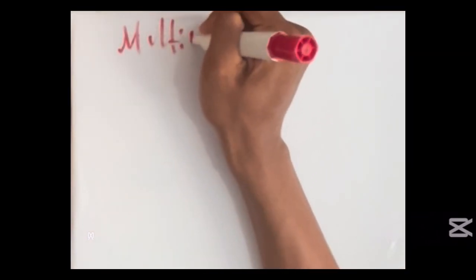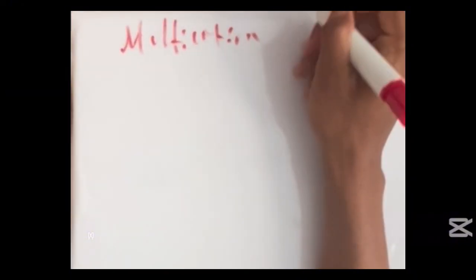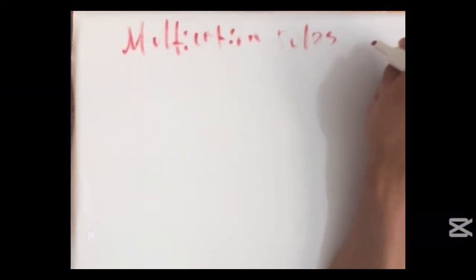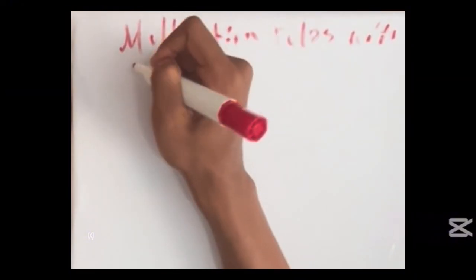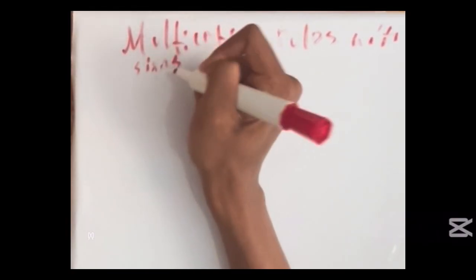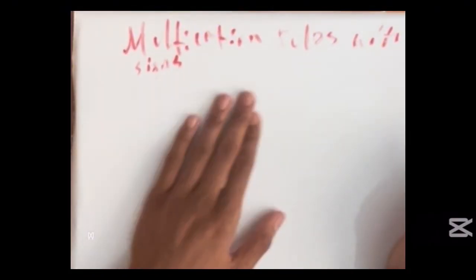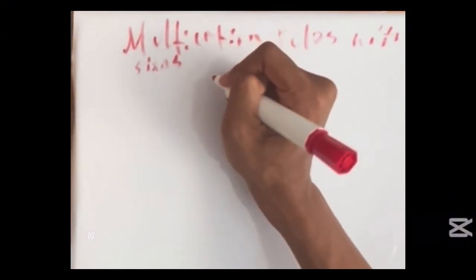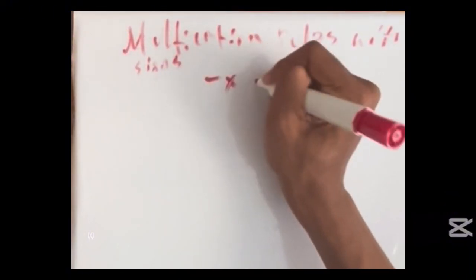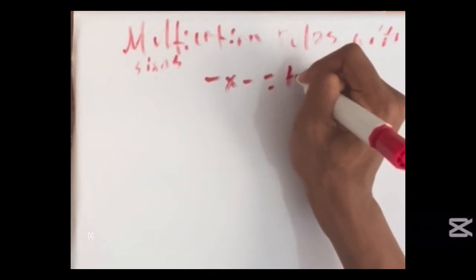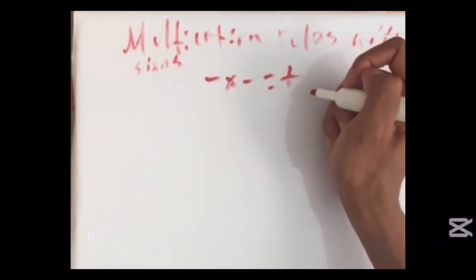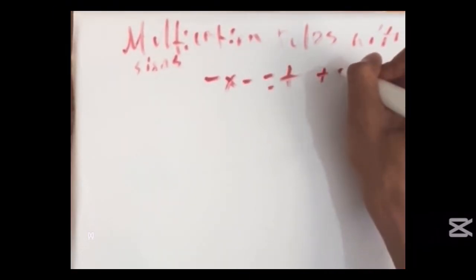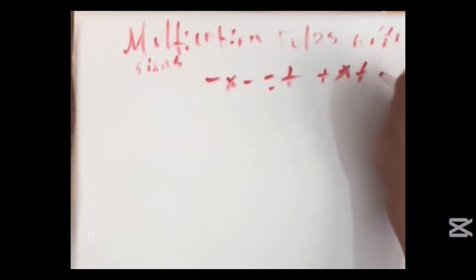Multiplication rules with signs. Okay, so all you need to know for this section is that a negative times a negative is going to equal positive, and a positive times a positive is always going to equal positive.